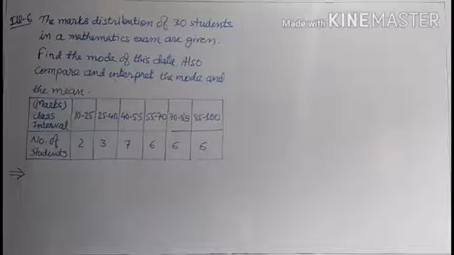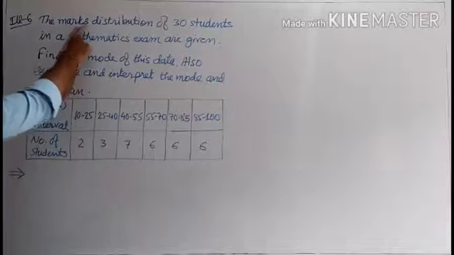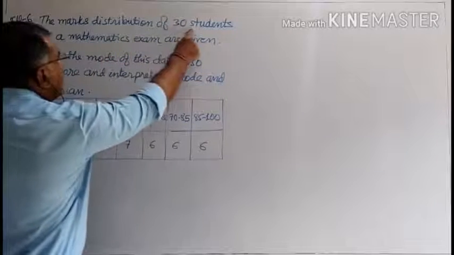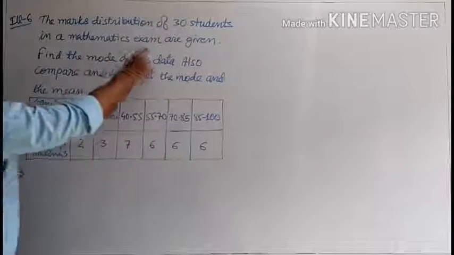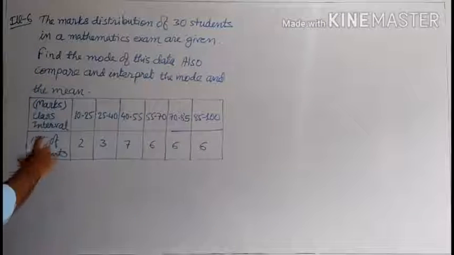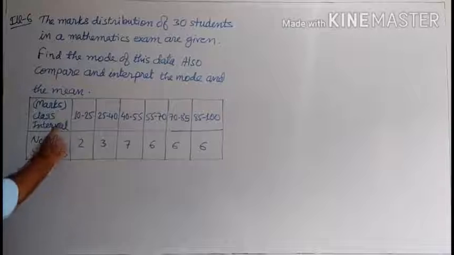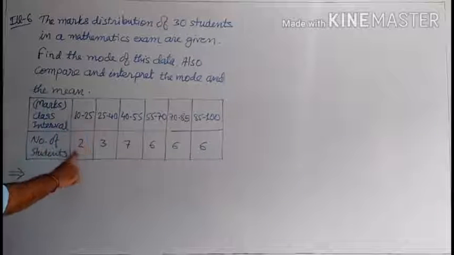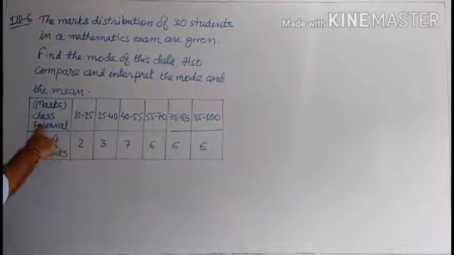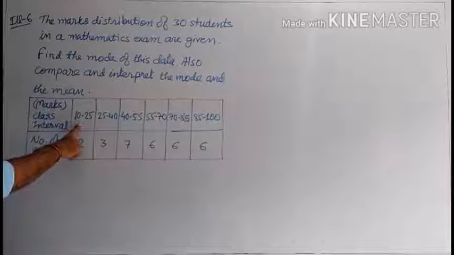Dear students, in illustration 6, the marks distribution of 30 students in a mathematics examination is given. There are 2 students who scored marks 10 to 25.